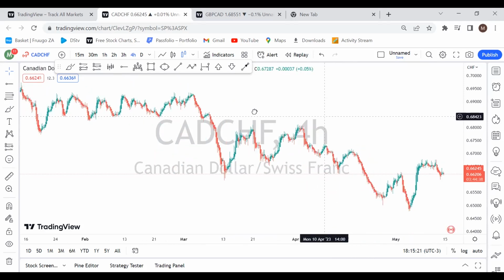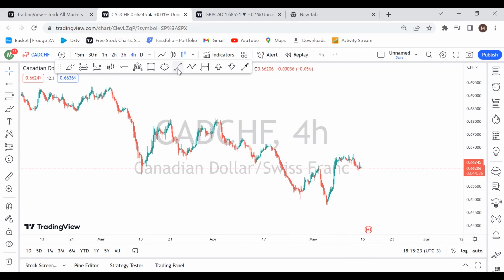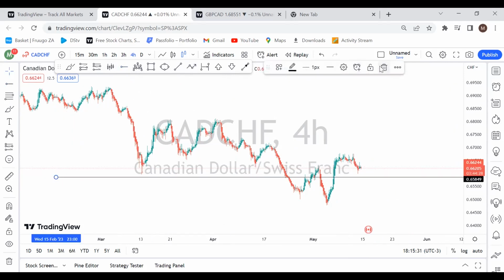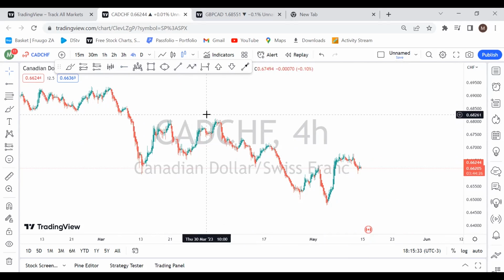Keep in mind that we have the invisible horizontal line around these areas on the daily. You should remember that we have the invisible horizontal support there, right?